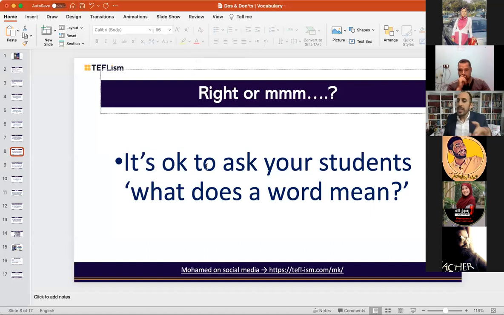Okay, so it is not okay to ask, because that will disconnect them. That will make them feel bad. But if you relate to what they know, like any other example, elephants can drink water. This is the example in my mind because I always train teachers.